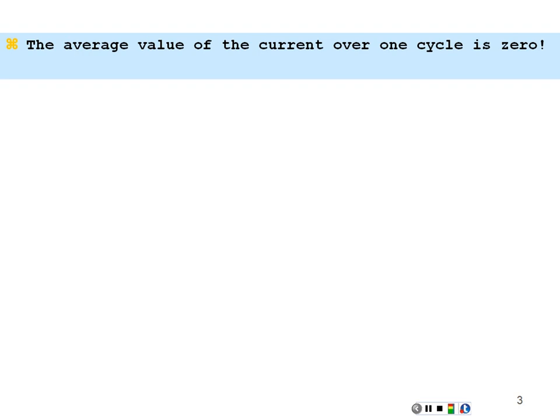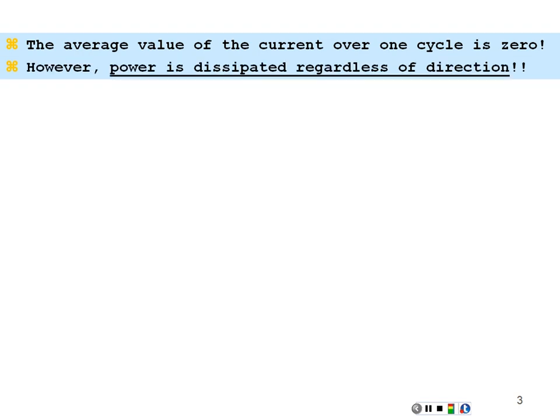Well, there's a problem here, because if we had a resistor there, it is going to heat up. It is going to dissipate energy no matter what direction the current is going. If the current's going one direction, it's going to heat up, give off energy according to I squared R, energy per time, and we will lose energy.